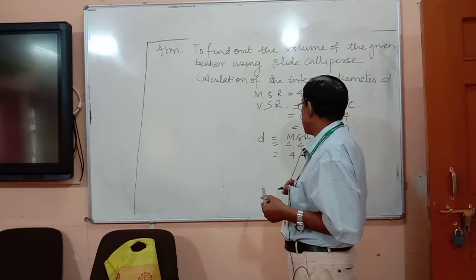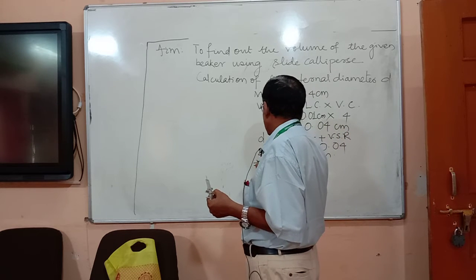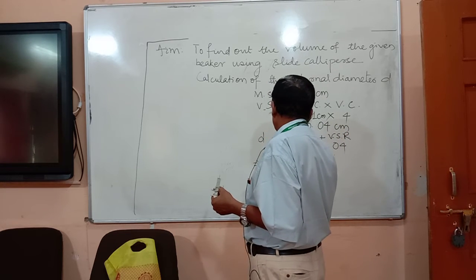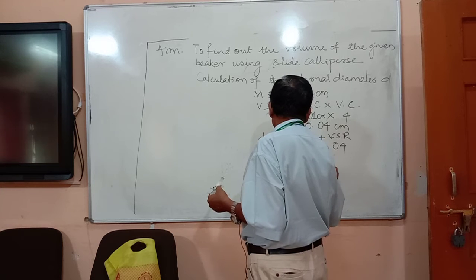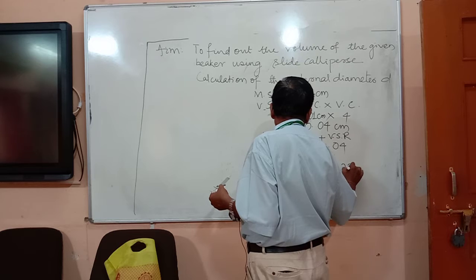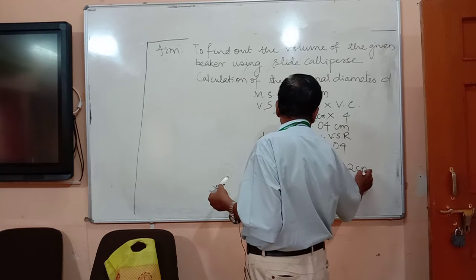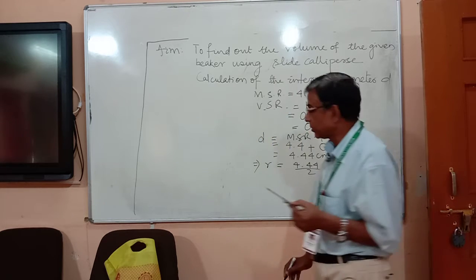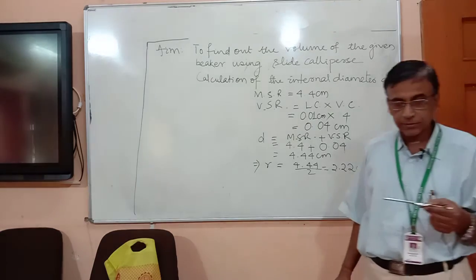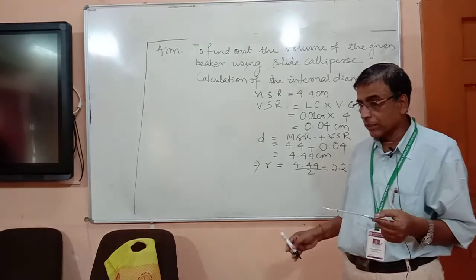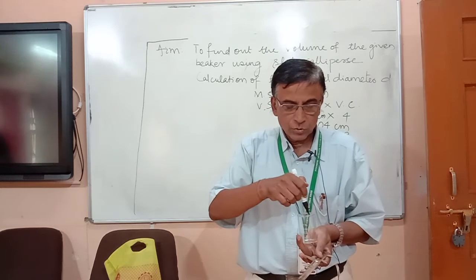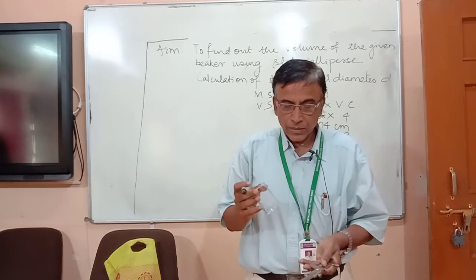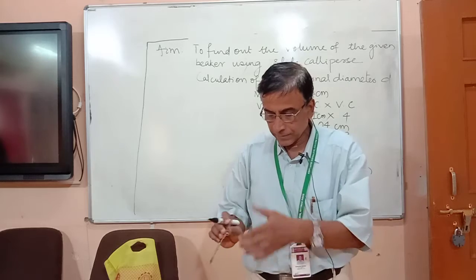It is your internal diameter. This implies the internal radius is 4.44 by 2, which is equal to 2.22 centimeter. So 2.22 centimeter is the internal radius of the given beaker. Then we have to find out what is the depth.